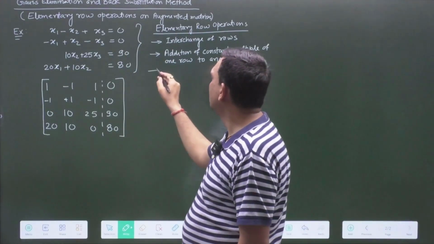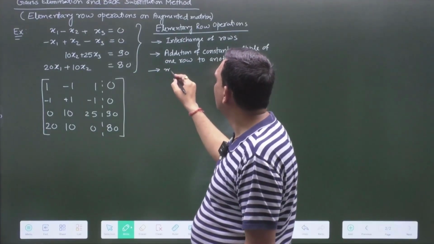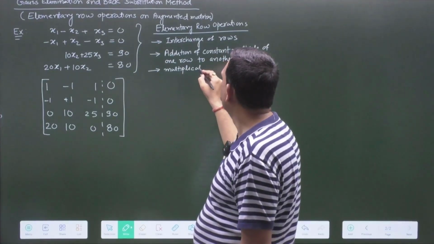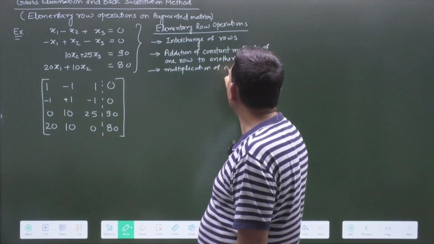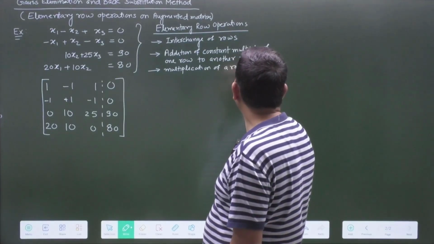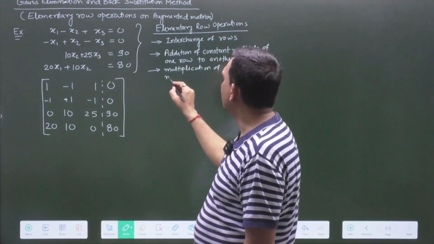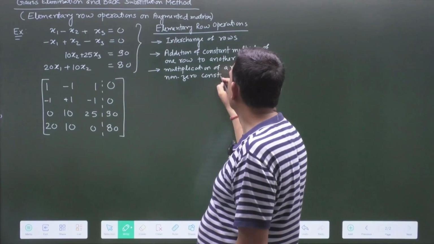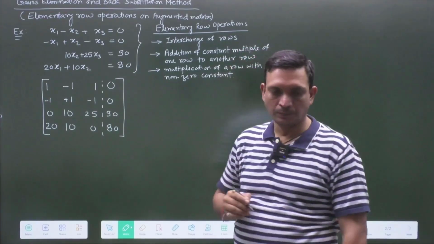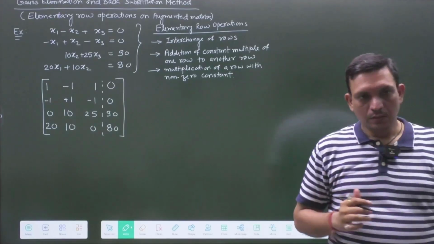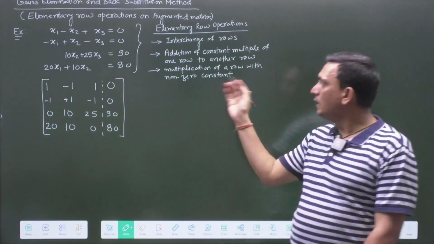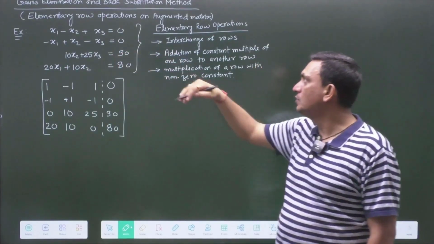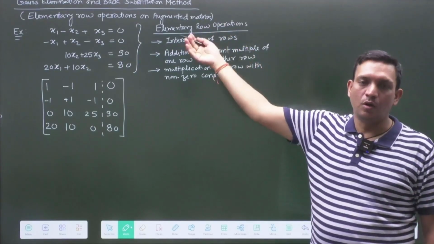And the third is multiplication of a row with a non-zero constant. We can multiply any row with some non-zero constant because that will not change the solution. So that is the elementary row operations.